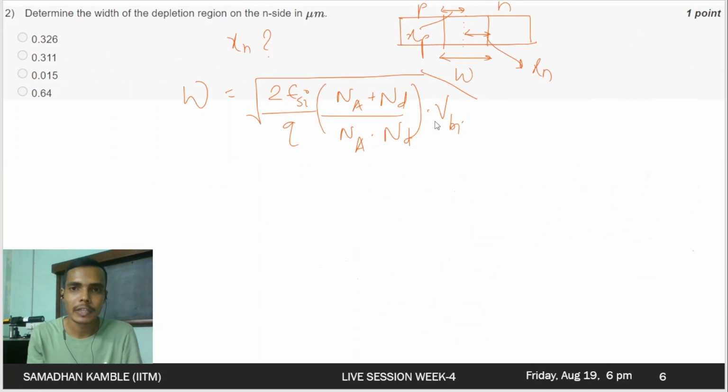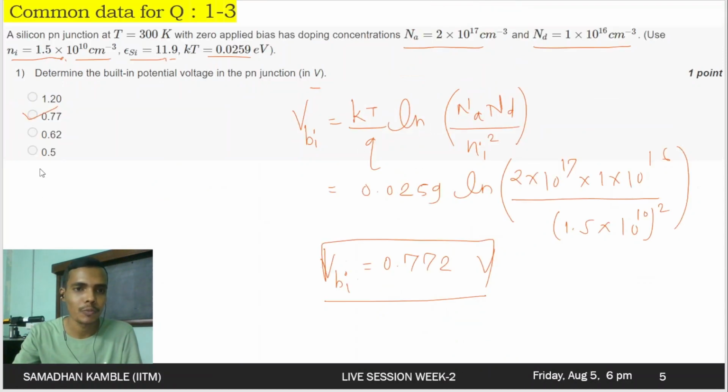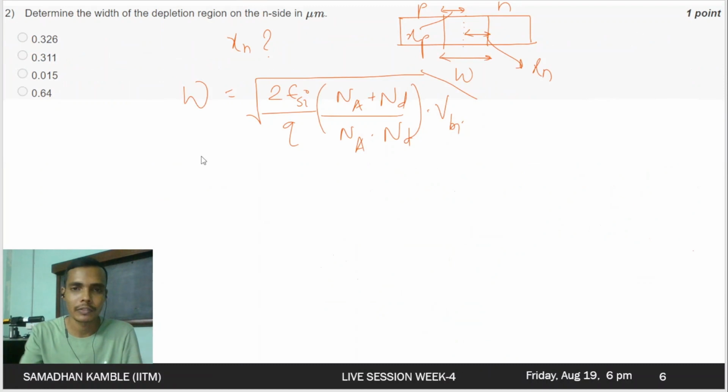We calculated the built-in potential in the last problem, and that is 0.77 volt. So we can substitute all these values here.